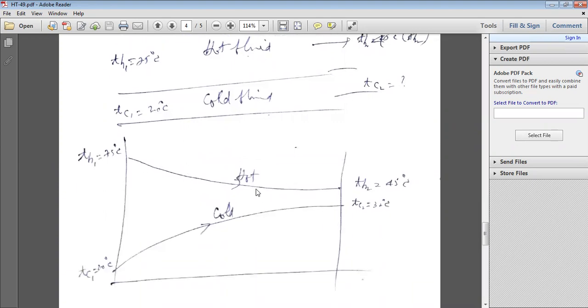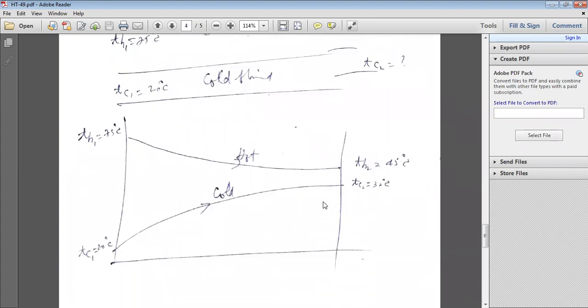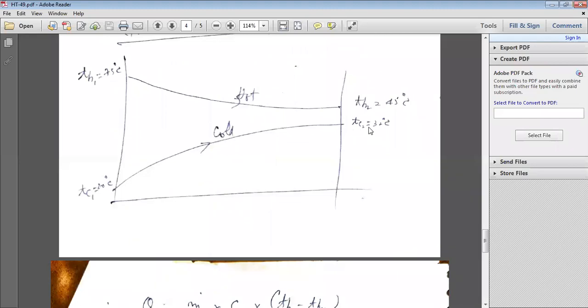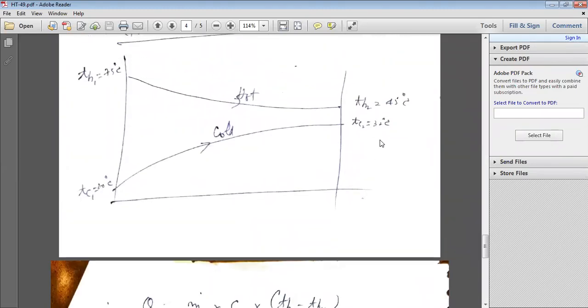So hot water TH1 75 degrees in the temperature versus length of the heat exchanger, TH2 45 degrees centigrade. At the same time, cold water TC1 20 degrees centigrade, and TC2 is to be calculated. If you calculate, that will be around 32 degrees centigrade.